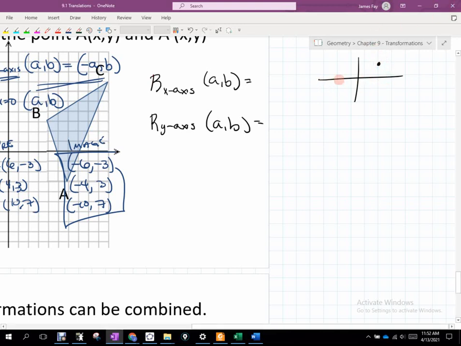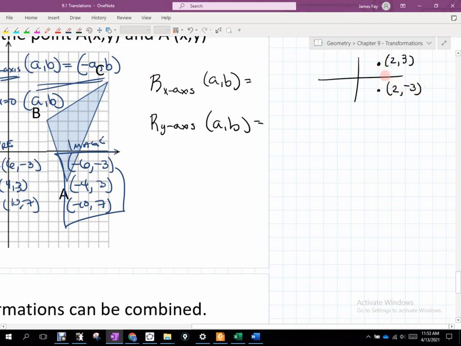But you can use your line of reflection as that line of symmetry and think, okay, if this point is (2, 3) and I fold on this, is the x value going to change? No. To still get to that point, I still have to move to the right from the origin 2 units. So the x value stays the same, but instead of going up, I'm going down now.